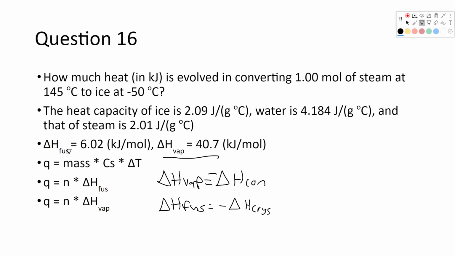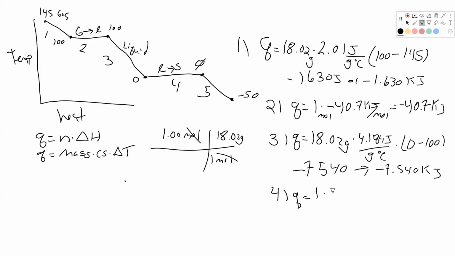So delta H crystallization is negative 6.02 kilojoules per mole, which is negative 6.02 kilojoules. So that's how much energy it takes to freeze 1 mole of water, or how much energy is released, I should say. And then lastly, we are taking our ice down to minus 50.